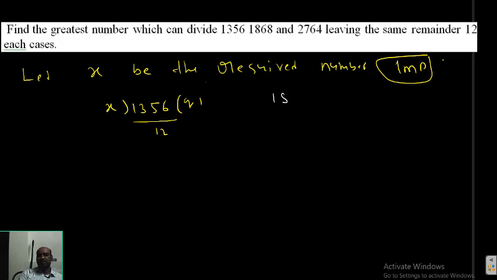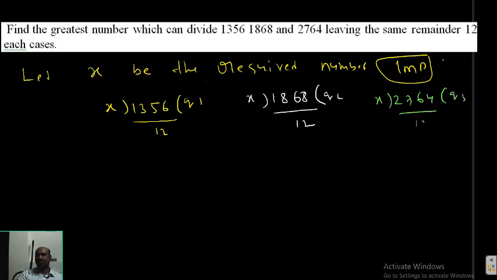And 1868 divided by x, let q2 be the quotient, according to the problem 12 should be the remainder. Next, 2764 divided by x, let q3 be the quotient and the remainder should be 12.